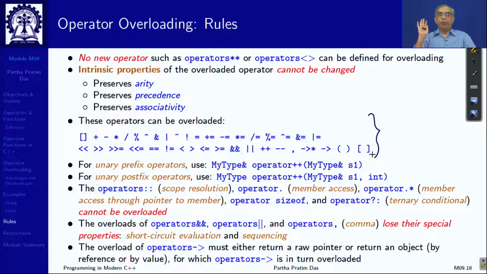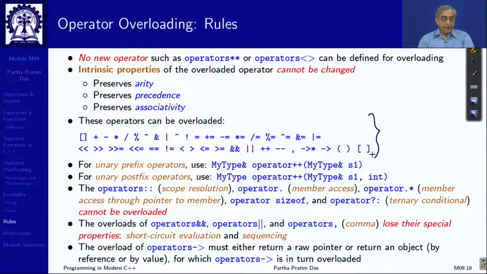All these operators can be overloaded. You can see there is a huge number of them. So addition, subtraction, multiplication, division, modulus, all of these can be overloaded. Less than, greater than, all binary operators can be overloaded, assignment can be overloaded, your pointers can be overloaded and so on.